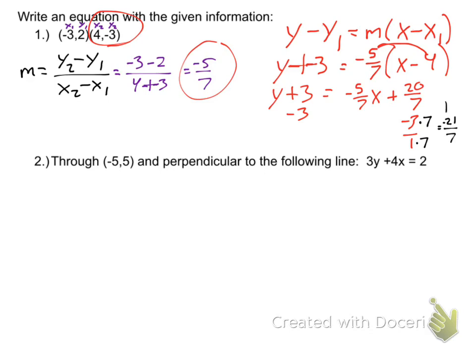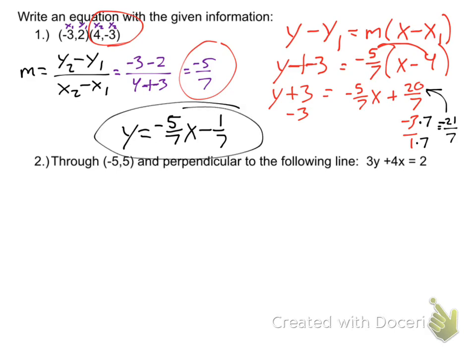Which means I'm going to add that to this. What's 20 minus 21? Negative 1/7. So, it's y equals negative 5/7 x minus 1/7. Done. And you can use point slope or slope-intercept form and solve for b. It works. You still have to work with fractions. It's not like you can get away with it.